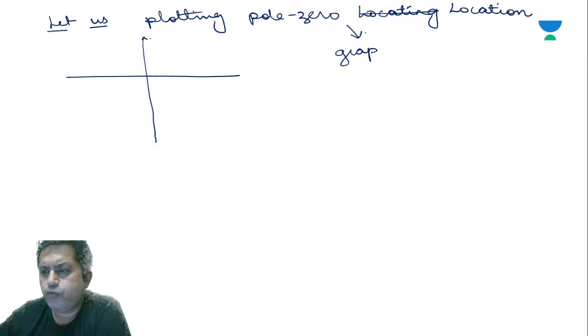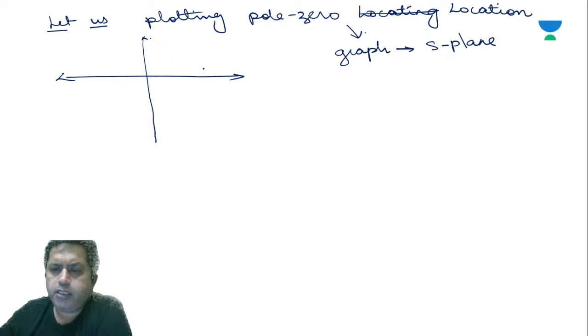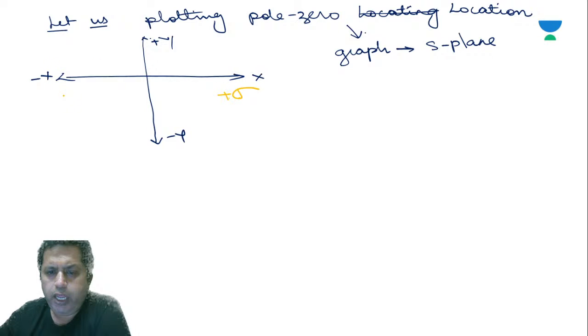The graph used for the pole zero location is called the s plane, where the x axis, the positive x axis, is called plus sigma, and the negative axis is called minus sigma.